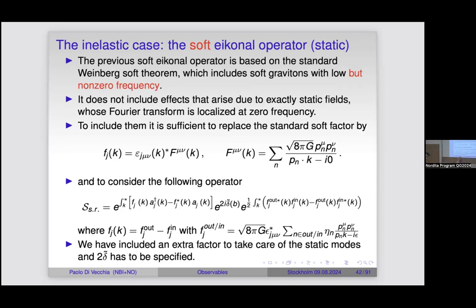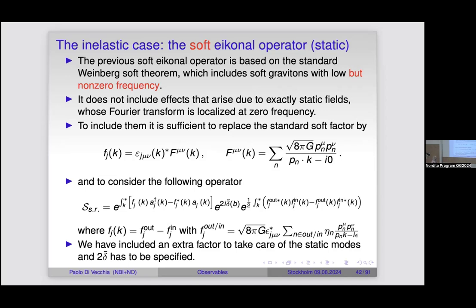Now, up to now, I've considered soft graviton, but non-static. Now, the previous soft eikonal is based on the standard Weinberg theorem, which includes soft graviton, but not non-zero frequency.